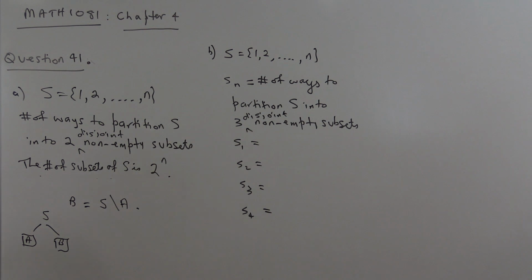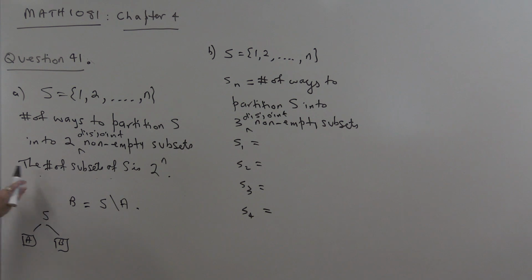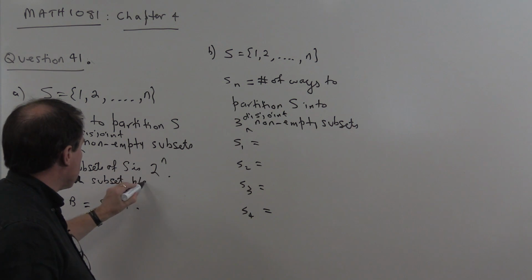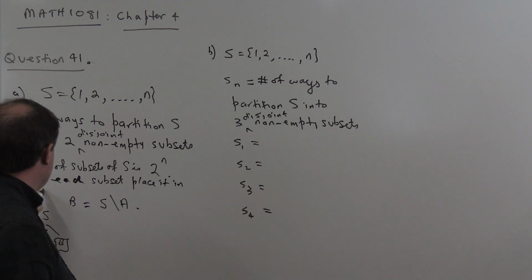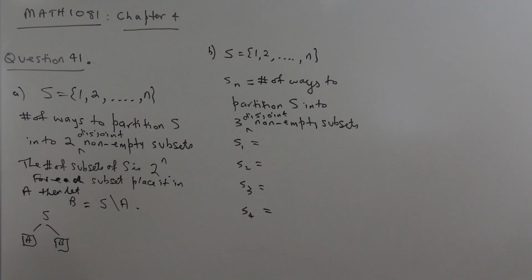So the number of subsets in S is 2 to the n. For each subset, place it in A and then let B be what's left. So take each subset, shove it into box A, and then take S minus A and plonk that into box B, and that will give me a partition.